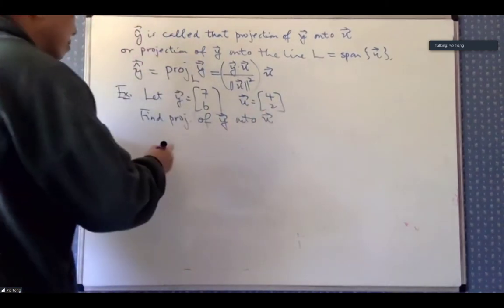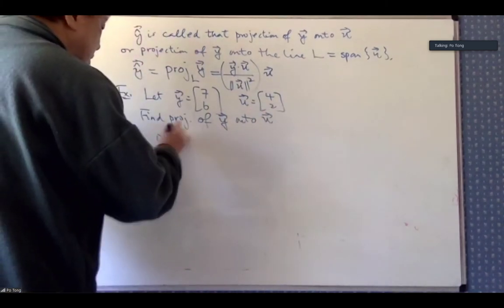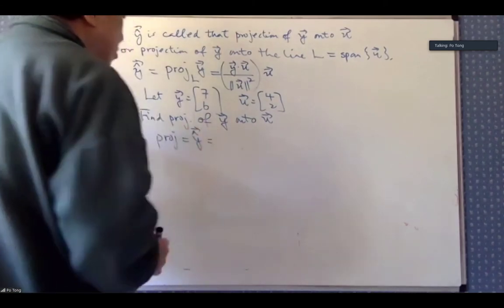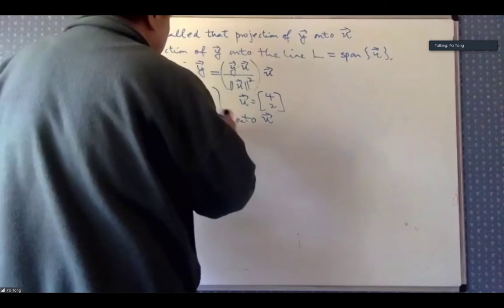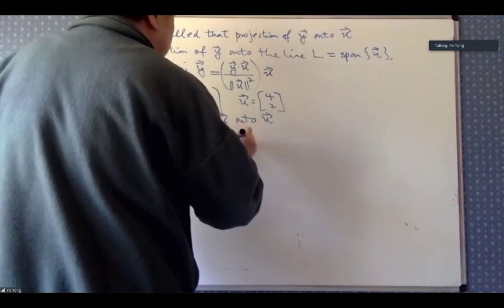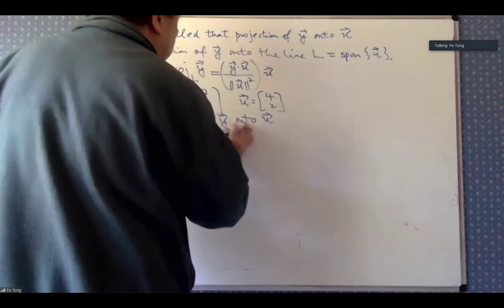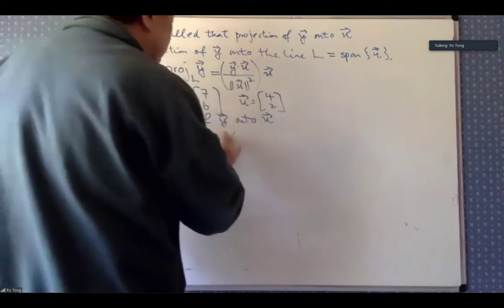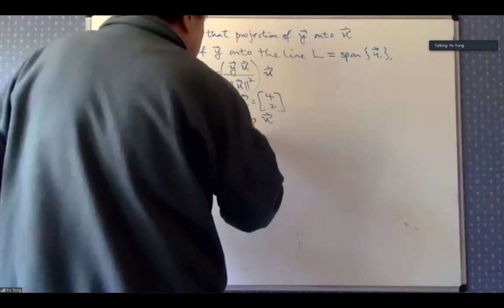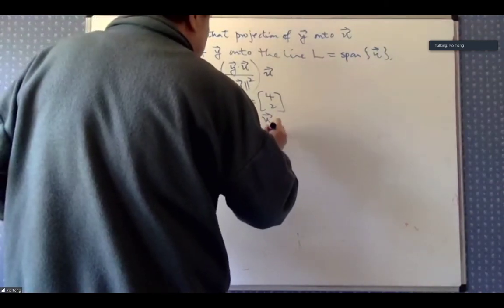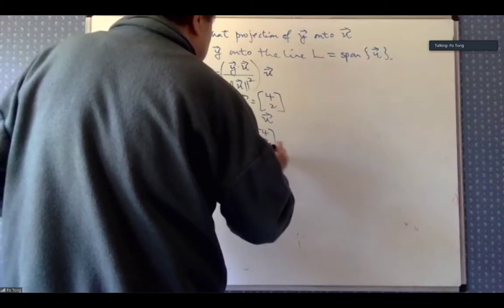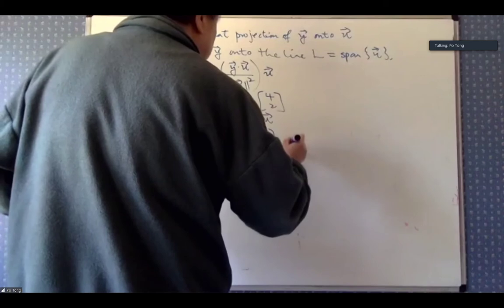Okay, so the projection is y hat, which is equal to, just use the formula, y dot u over u dot u, multiplied by u. It's basically this formula here, just copy it. Y dot u is what? Y is this guy, u is this guy, and the bottom is u dot u, and then multiply by u.